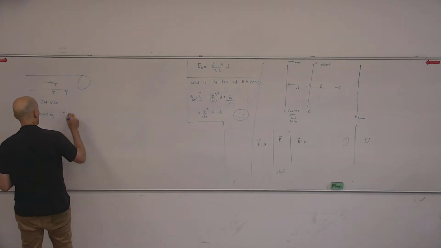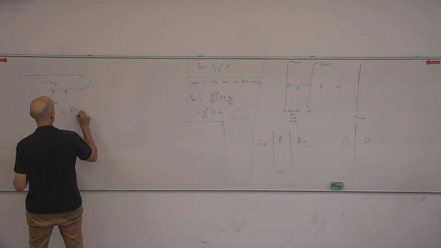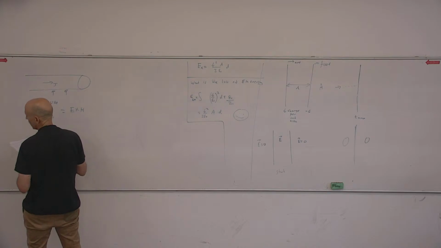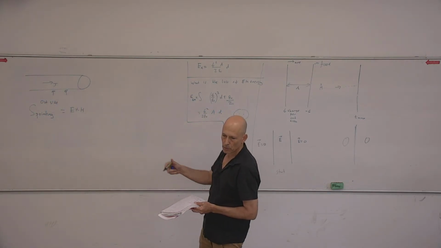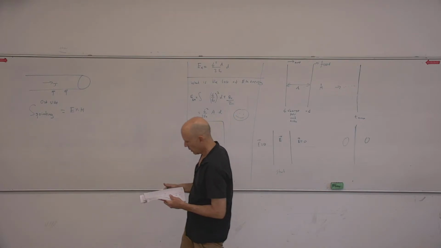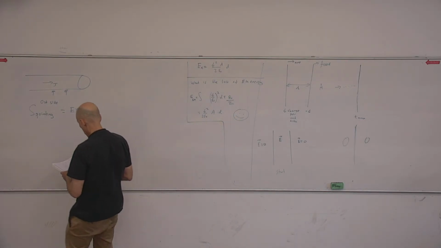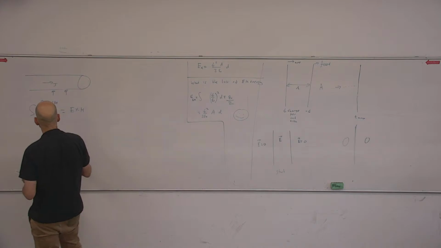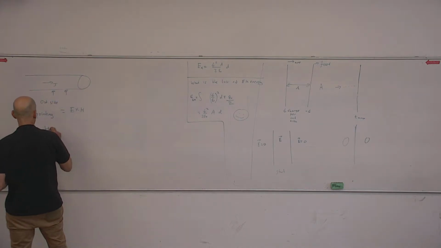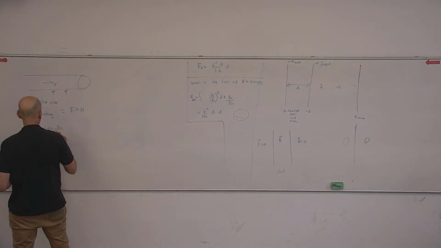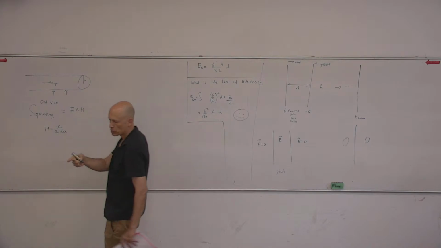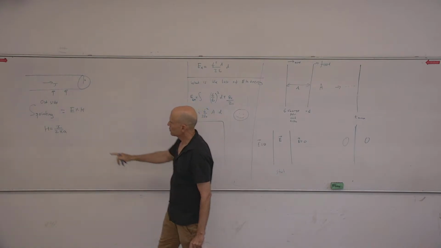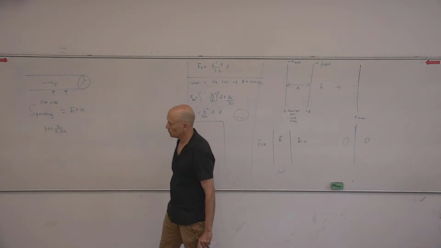So it is E cross H. But outside the wire, H is just B over mu 0. There's no material outside. And what is H? H is, you know, up to this, I over 2 pi a. This is a, this is this radius. This is the famous equation that was discussed before. There's no mu 0 because I'm talking here about H.